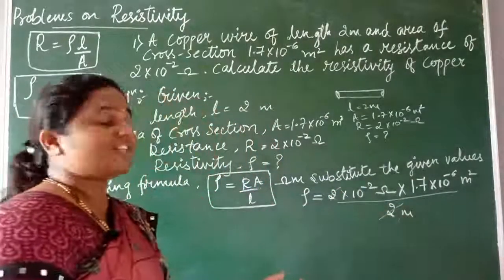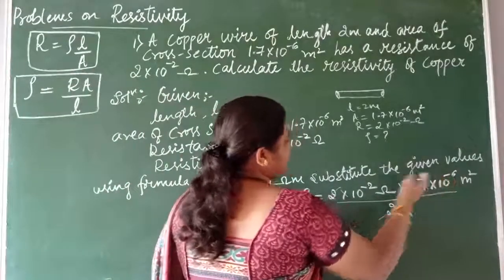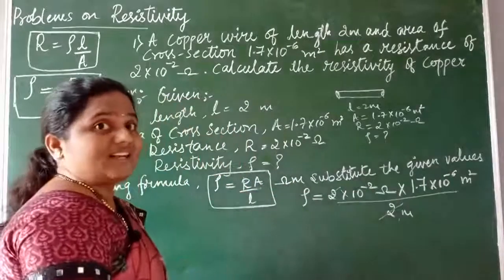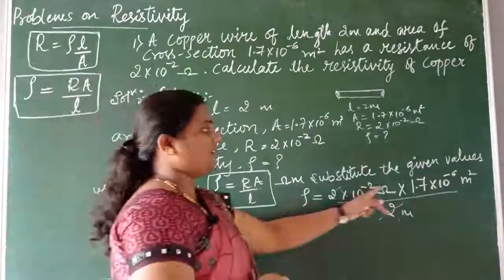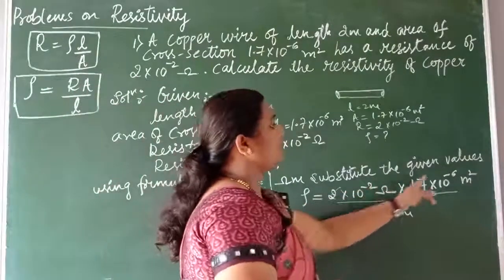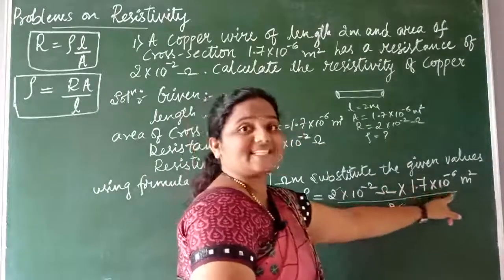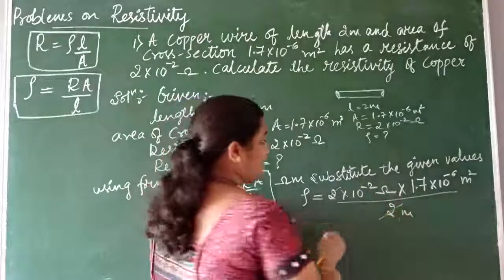What has remained, children? 1.7 into 10 to the power of minus 6 and into 10 to the power of minus 2. If the exponents are in the numerator, what will we do? We will add them. Minus 2 and minus 6, what does it become? Minus 8, isn't it, children?